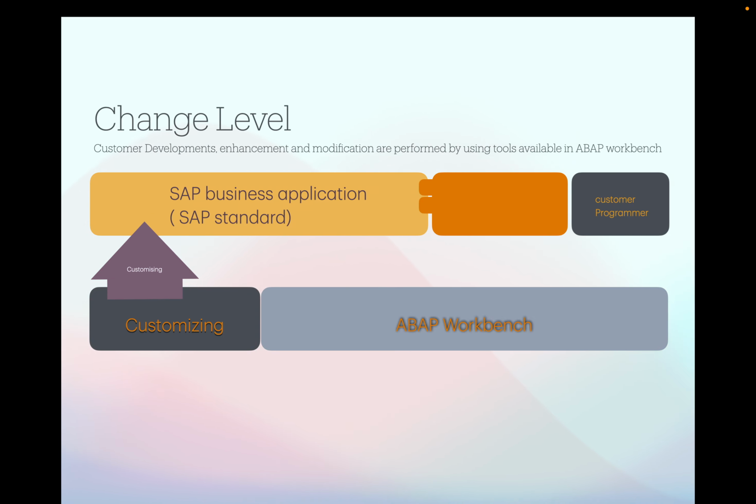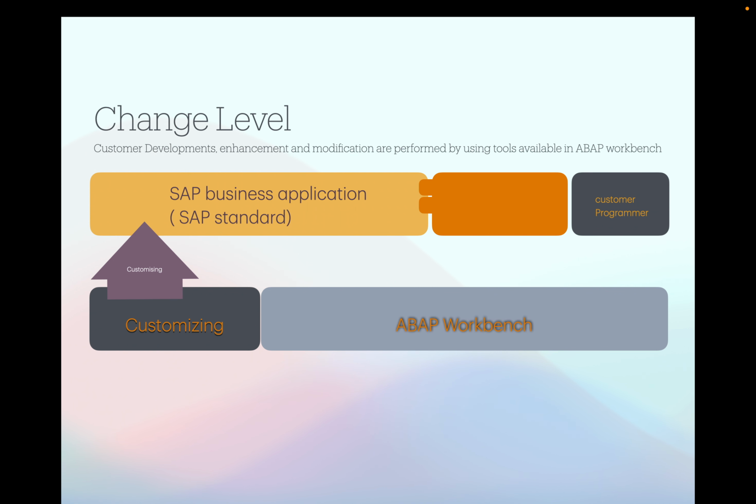Customization is nothing but configuring the pre-built SAP software according to our organization structure or our business processes. For that, multiple tools are provided by SAP. Utilizing these, we can configure the SAP standard system according to our business needs.